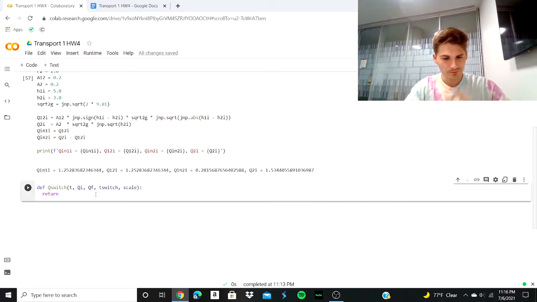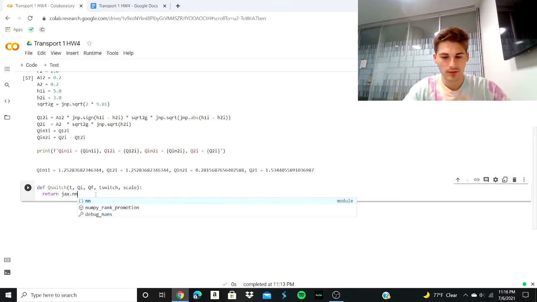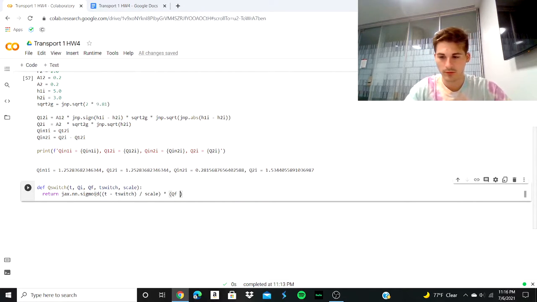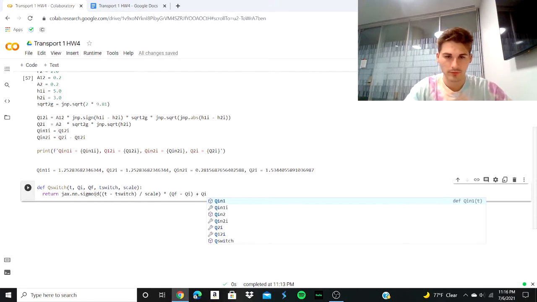And so we need to return the JAX neural networks sigmoid, and then we need to give it the time interval, t minus t switch, divided by the scale, and then we need to multiply it by the final flow minus the initial flow, and then add the initial flow.